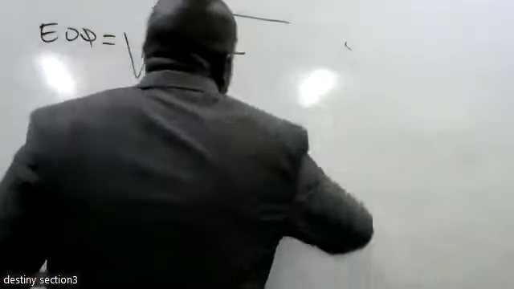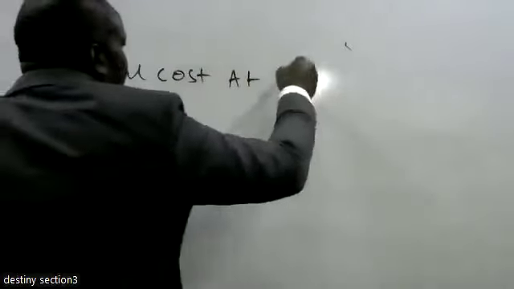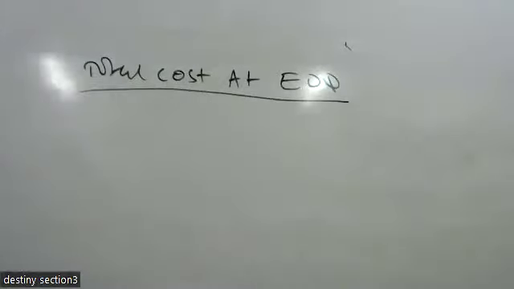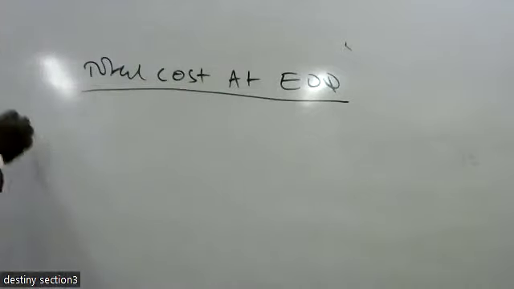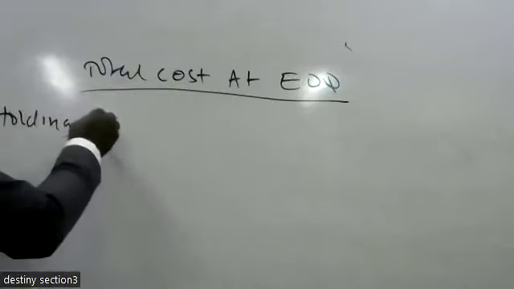To get our total cost, remember I've said we cannot have the purchase cost because C was not given. They gave us CI. So we start off with the holding cost.